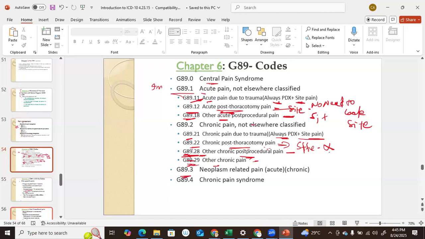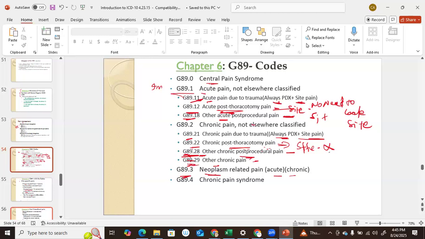So the last code we have is G89. We have to use this for neoplasm-related pain. When we have the same code for acute and chronic, we have to use G89.3.